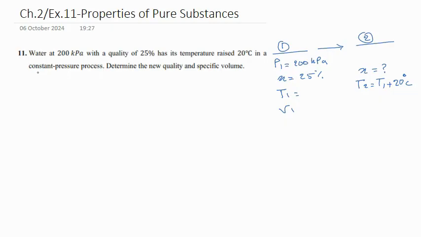They mentioned that this happened at a constant pressure process. What that means is that P2 is equal to P1. So we need to find the specific volume at state 2 as well.